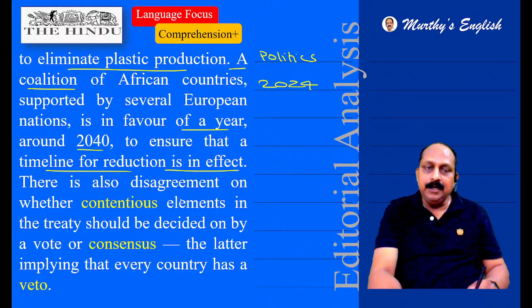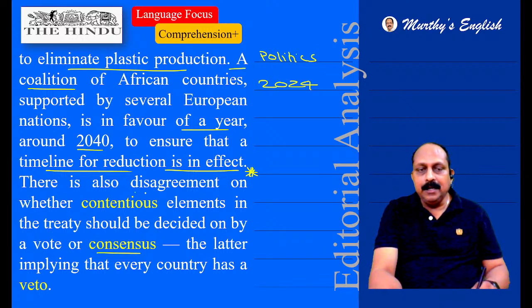There is also disagreement on whether contentious elements, controversial elements in the treaty should be decided on by a vote or consensus. This is something tricky. Imagine any treaty, any agreement, some oppose, some agree.